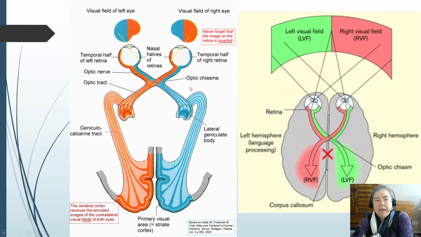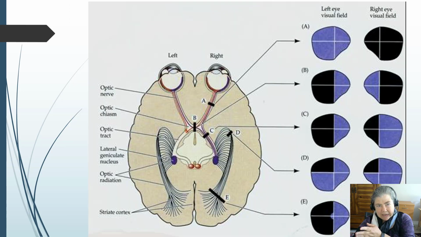If you were to sever the optic tract, you would lose the information from the temporal half of the left retina and the nasal half of the right retina, which means you'd lose everything that you would see on the right side.